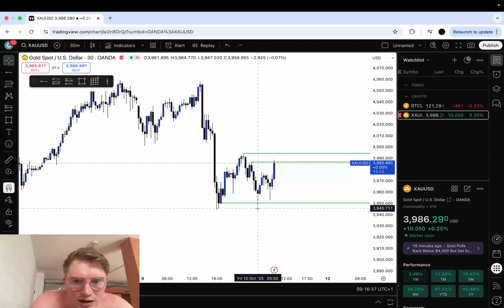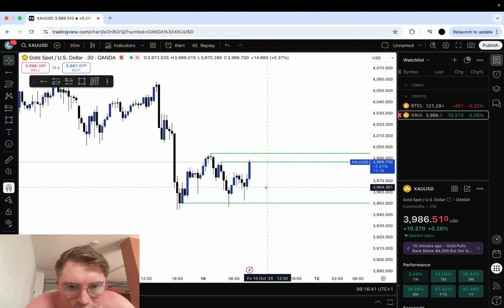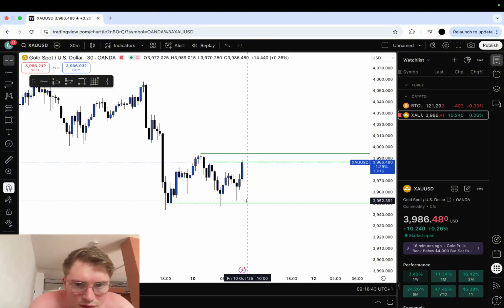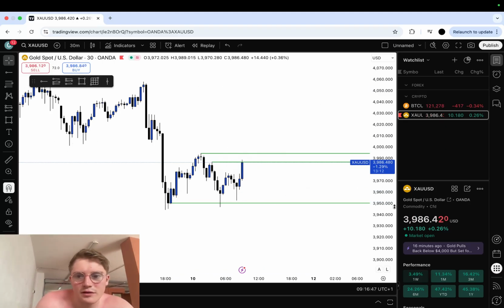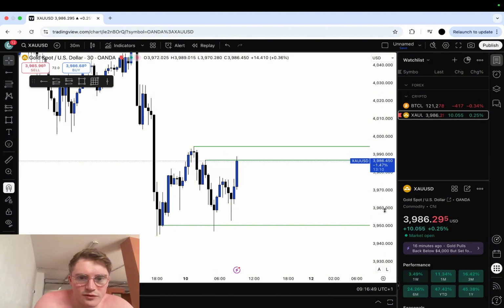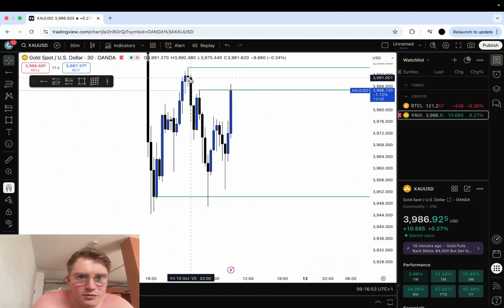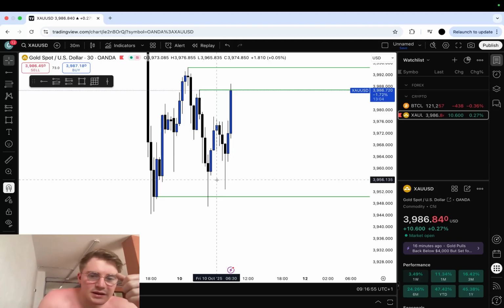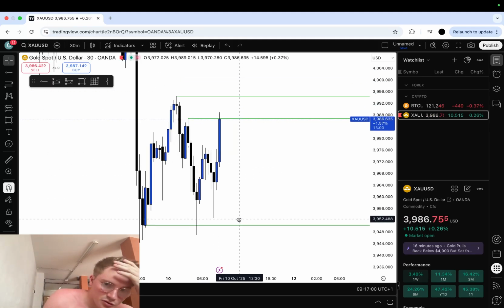Right here, taps in, liquidity sweep, comes back down into your zone. I'm sure we could find a fair value gap or something like that here that we could have traded off of. But yeah, liquidity sweep comes up, back down into your zone, retraces a little bit, and then to the moon.